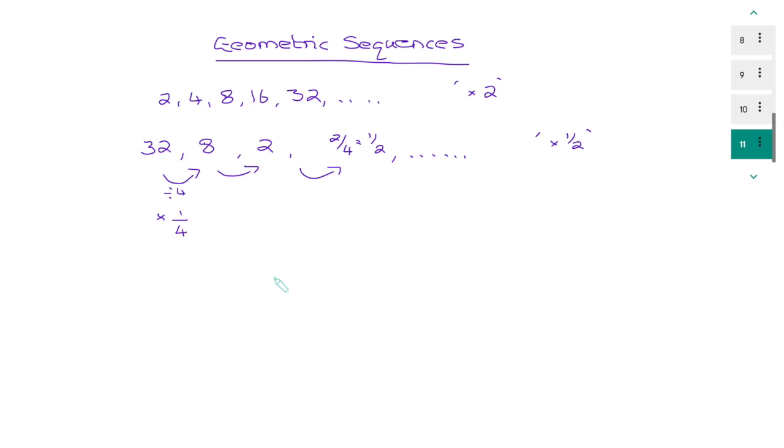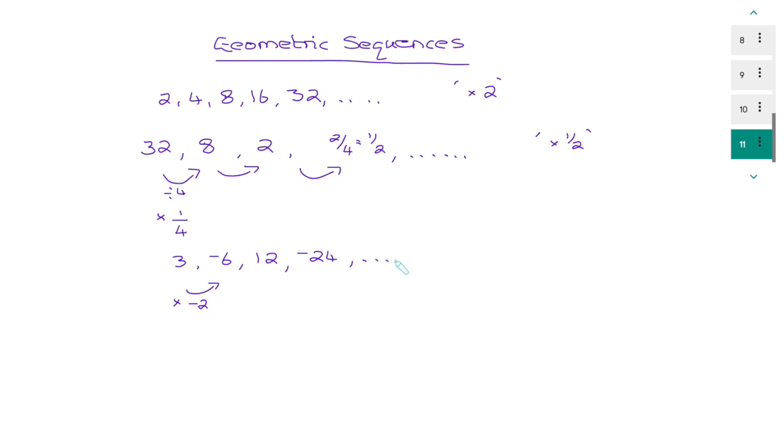Now you can get weird sequences where you actually have a negative number as your factor, in which case we'd get something like this. Suppose we start with 3 and multiply by negative 2. We go 3, minus 6, multiplied by negative 2 again, negative times a negative is a positive, so we get 12, times minus 2 gives minus 24.